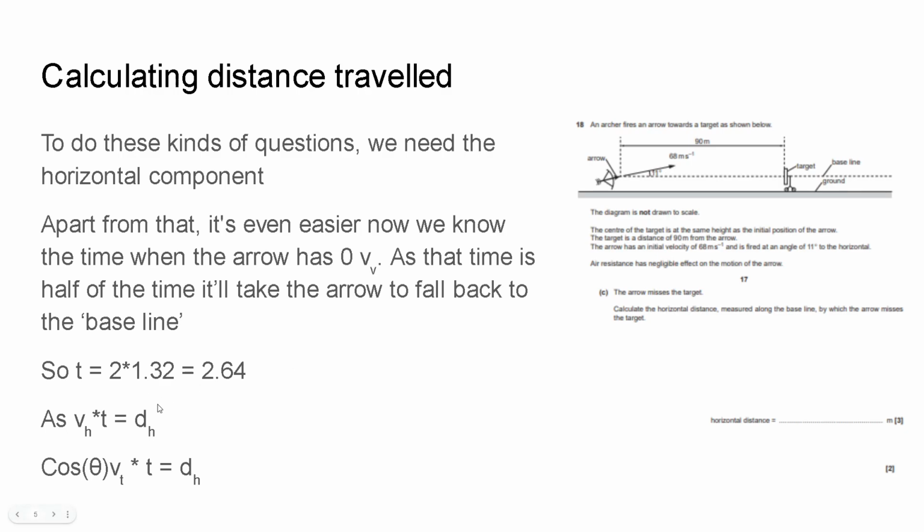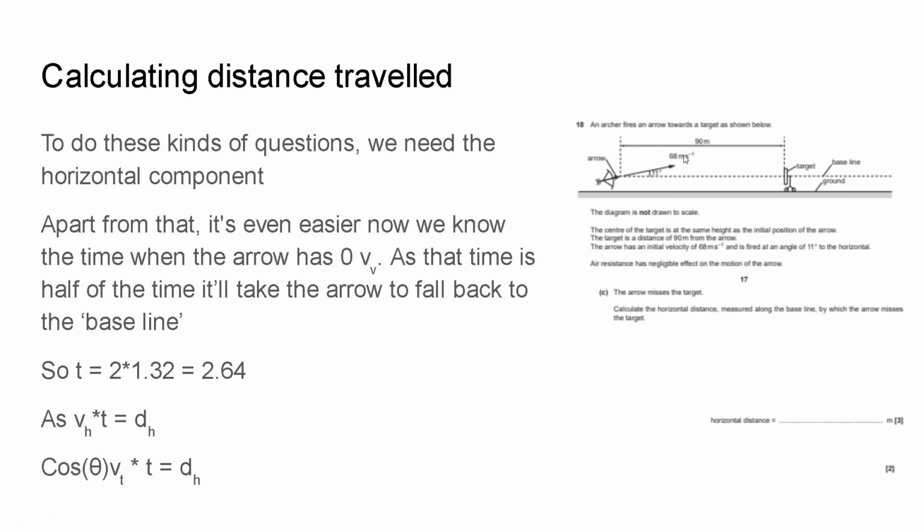Now the rest of this is just simple speed times time equals distance traveled. We just need to find the horizontal component, which we know is equal to cos theta times the speed.